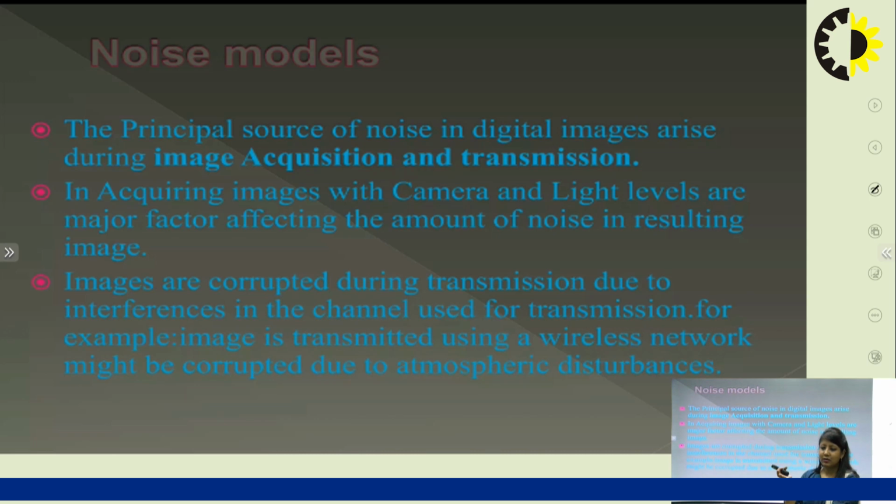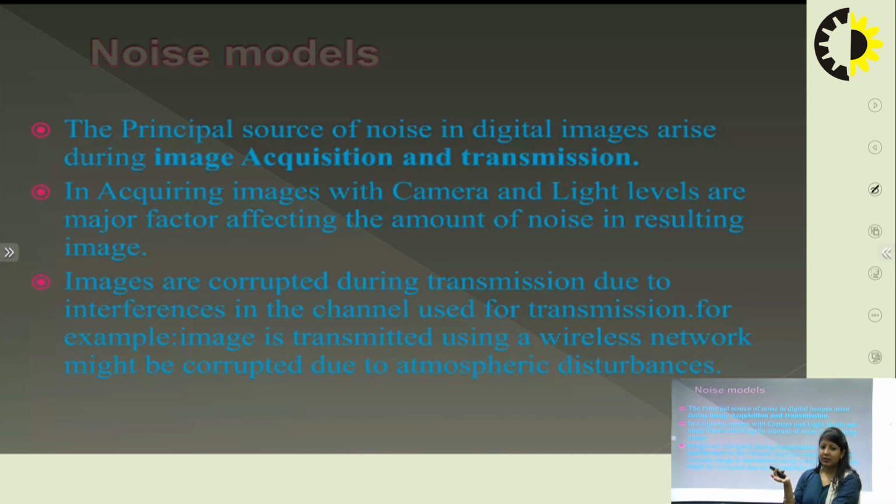If the camera position gets distorted, or the sensor only moves in one direction, or sunlight is very low, then the image quality can be degraded. So the noise will get inserted. Acquiring images with a camera and light levels are major factors that affect the quality of the image. So images are corrupted, and that corrupted image is sent over the channel, and the receiver will get the noisy image. So we have to remove all these kinds of noises.